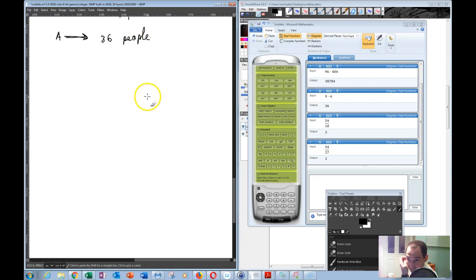Okay, so you have 36 people over here, and you have another group of people over here that is, for example, 356 people. So these are two groups of people, and they want to take part in a march.